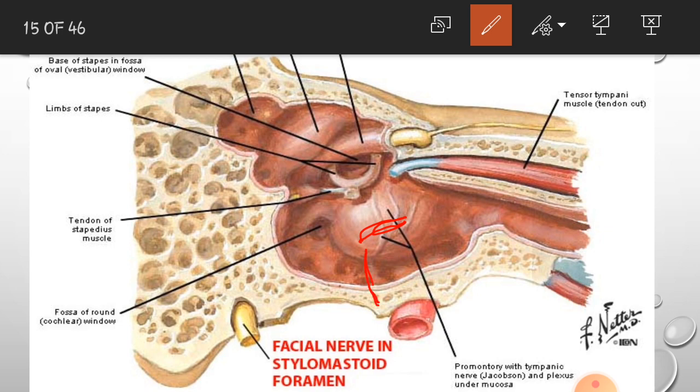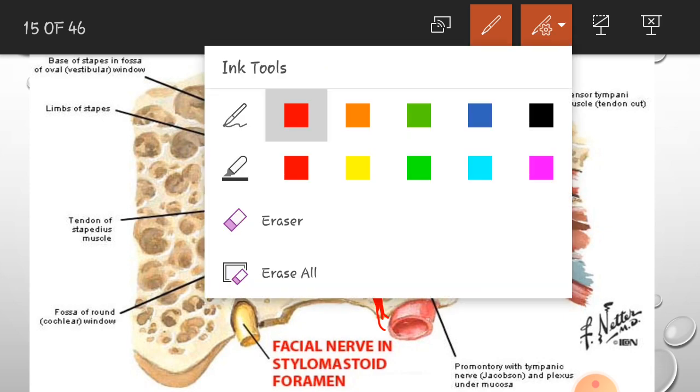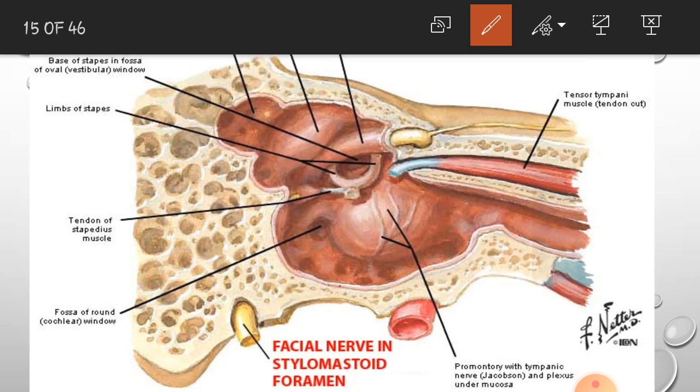This is the tympanic nerve of Jacobson, and here the tympanic plexus is formed. So the nerve that comes down from here is the tympanic nerve of Jacobson, and the plexus of nerves is formed onto the promontory.